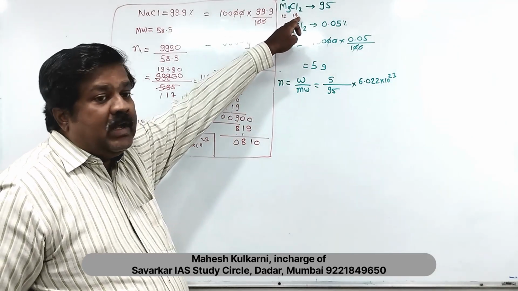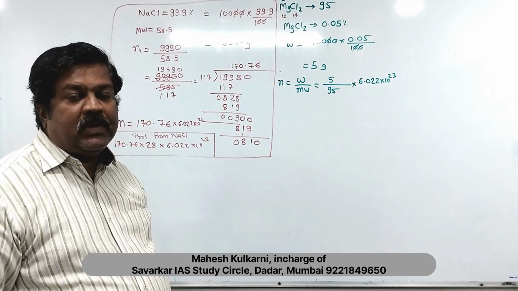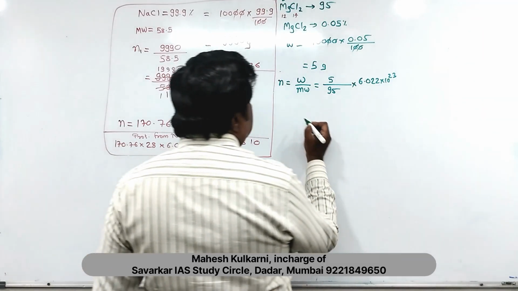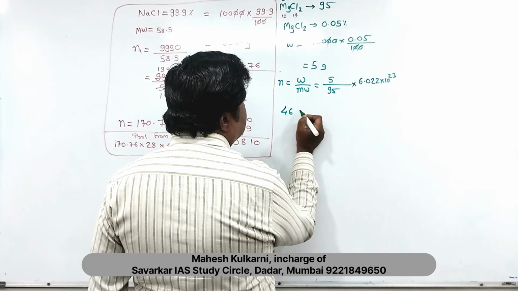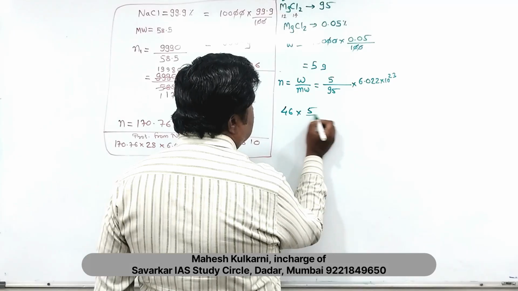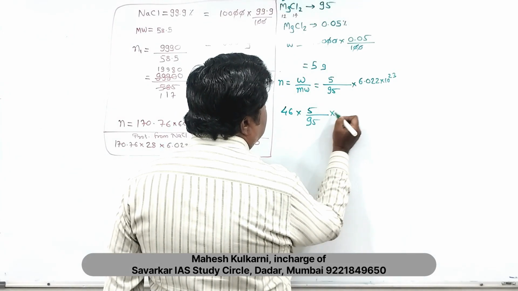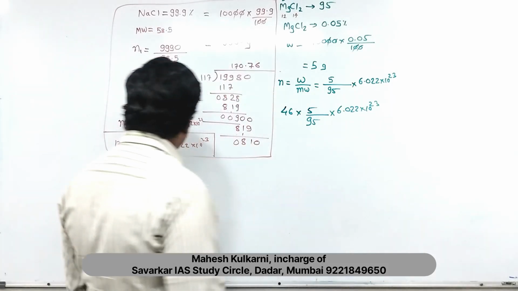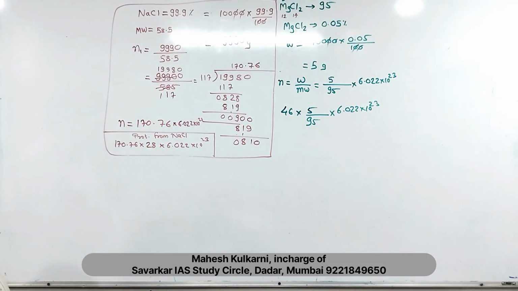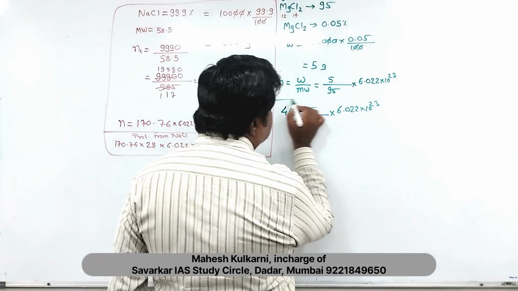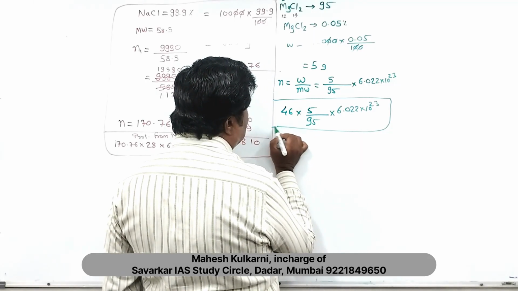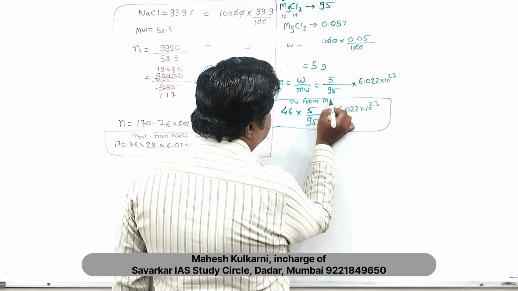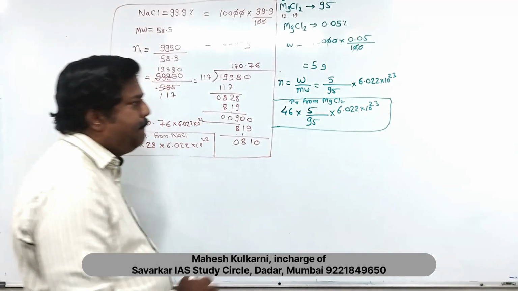So 17 twos are 34, 34 plus 12, that is 46. So 46 into 5 upon 95 multiplied by 6.022 into 10 to the power of 23. This is number of protons from magnesium chloride.